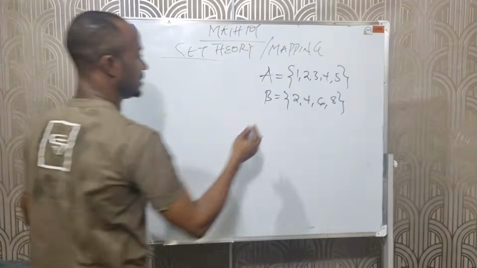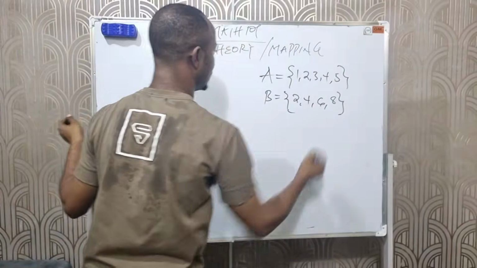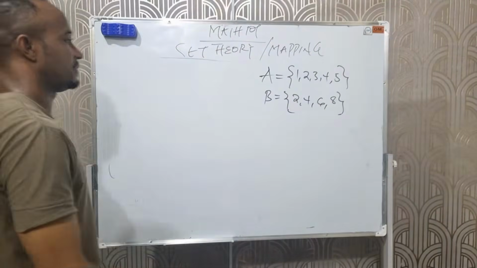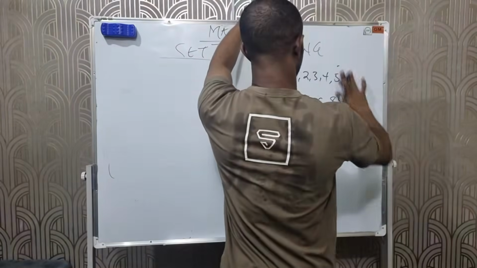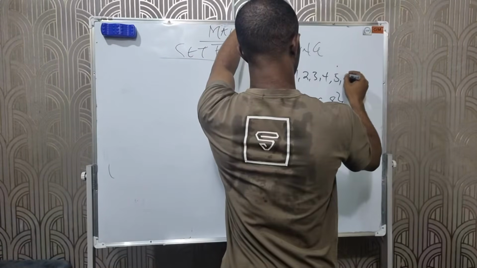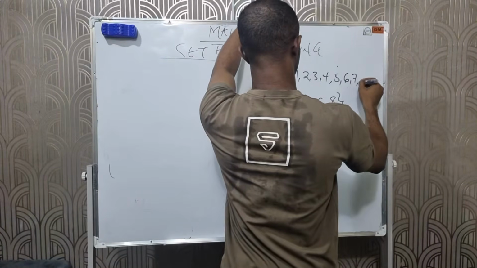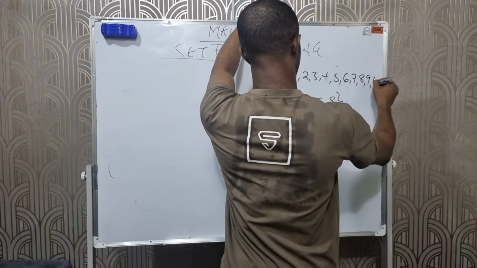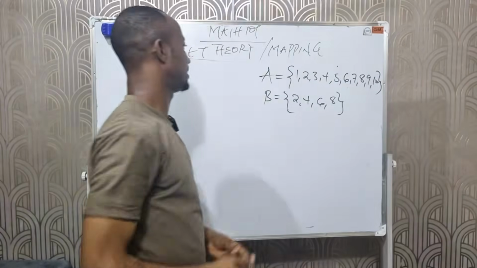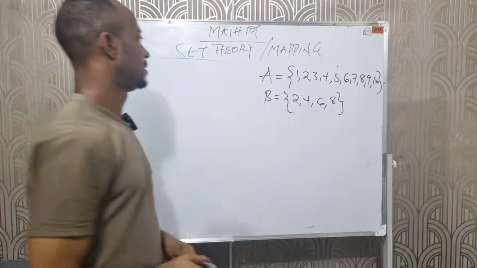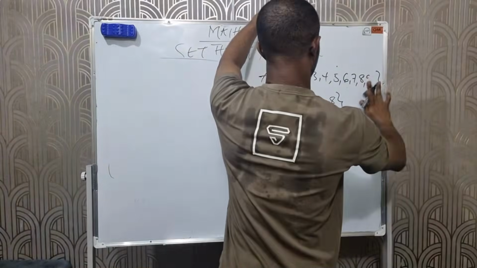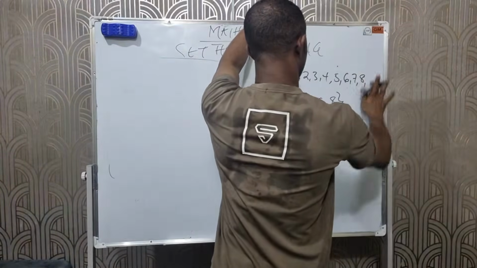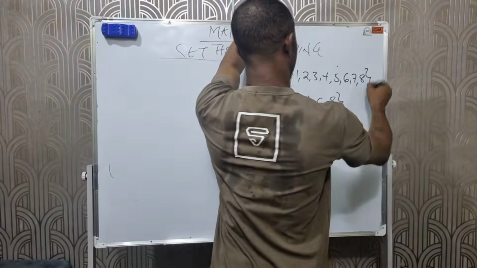Let me use this example we have here just to solve. Let me extend this to 6, 7, 8, 9, and 10. Let's say set A. Okay, let me reduce. Let's remove 9 and 10.